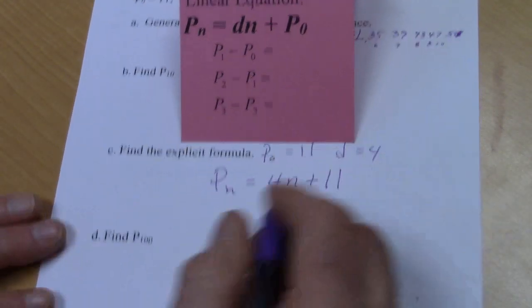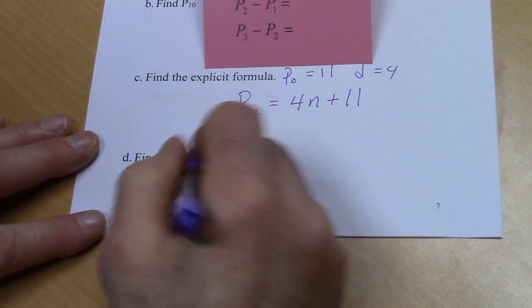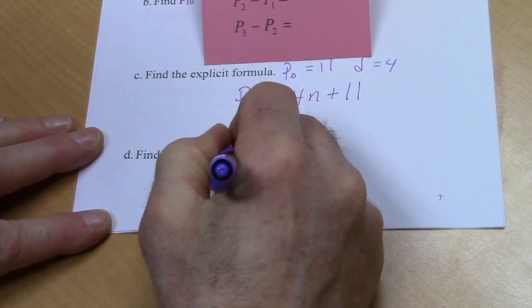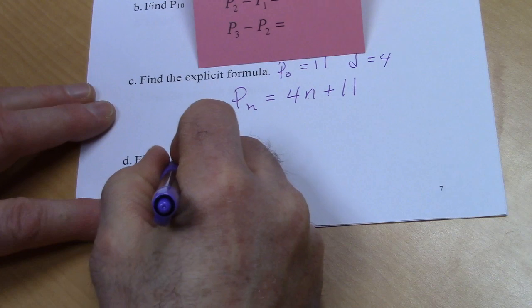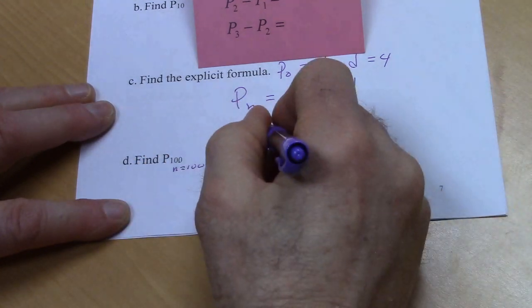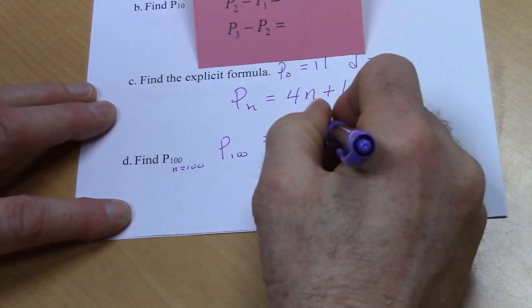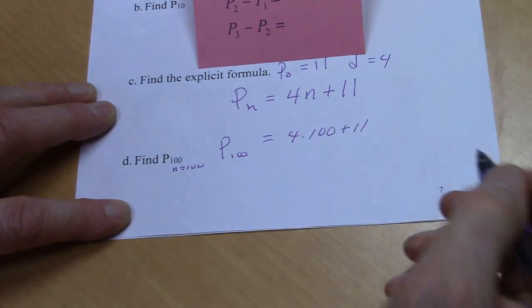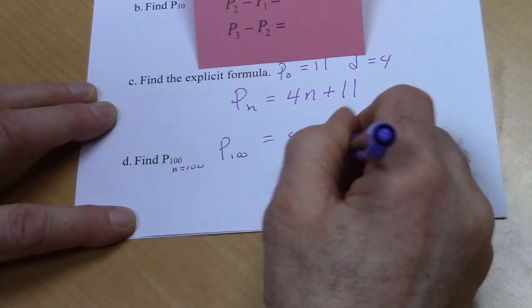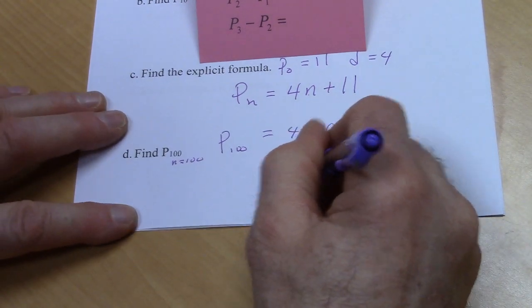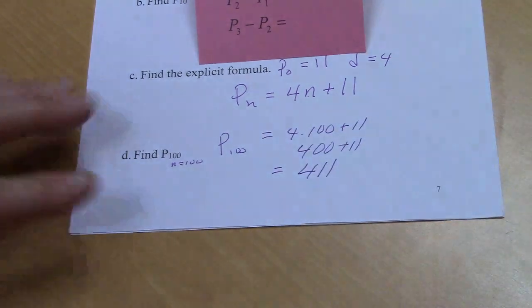And now, to find P sub 100, that's where n equals 100, right? That would be 4 times 100 plus 11. Well, that's 400 plus 11, or 411, using the explicit formula.